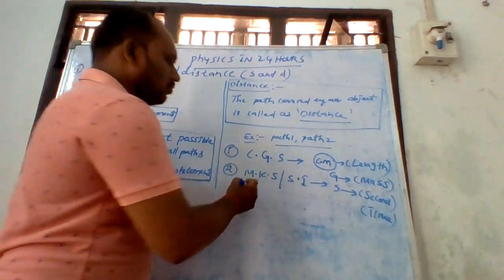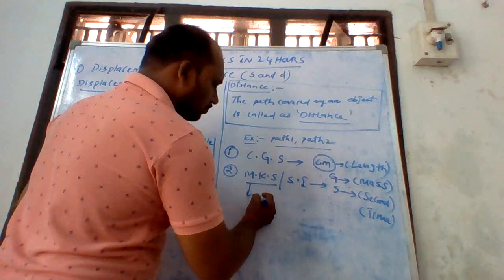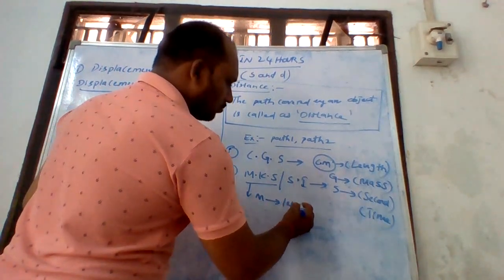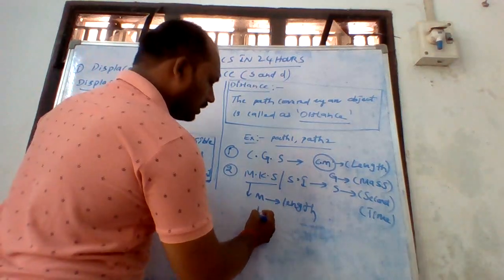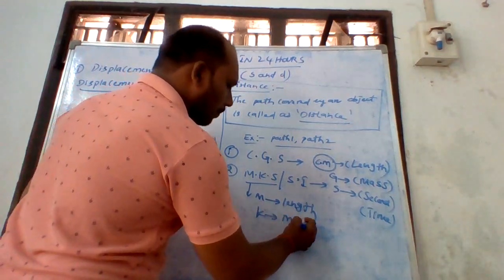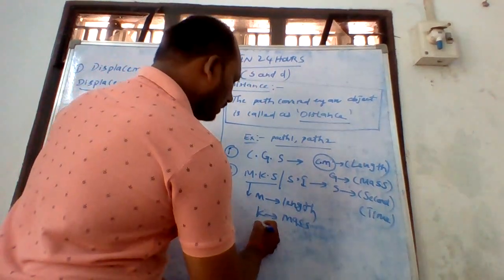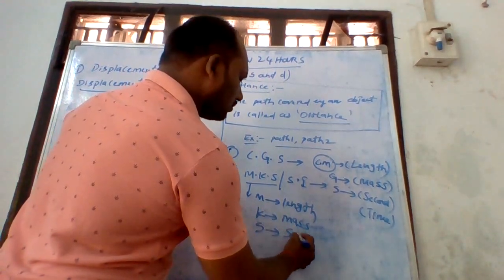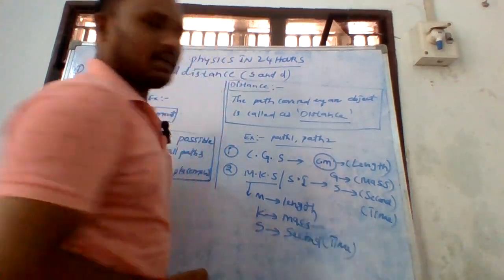Same in SI also, MKS. What is MKS? M stands for meter, and meter is length. K stands for kilogram, which is mass. And S stands for second, once again time.